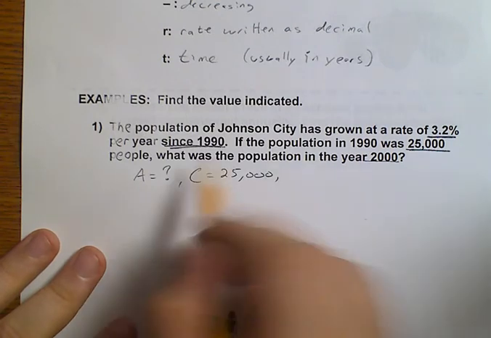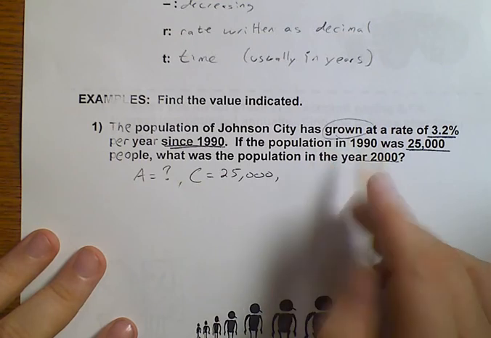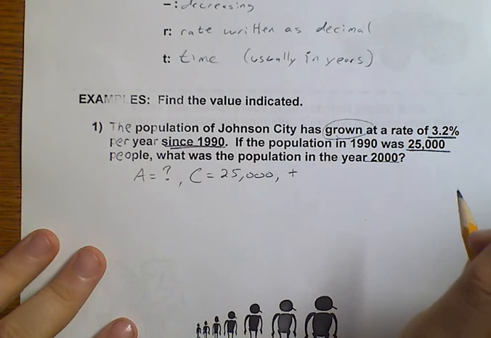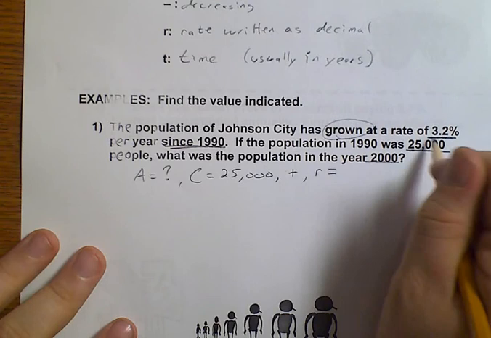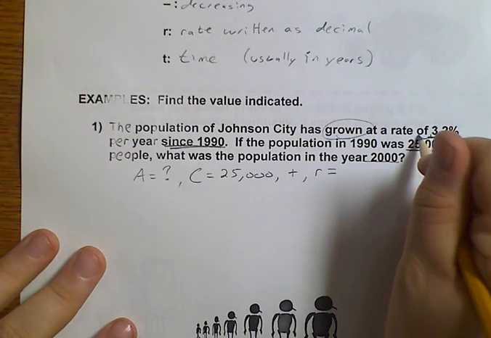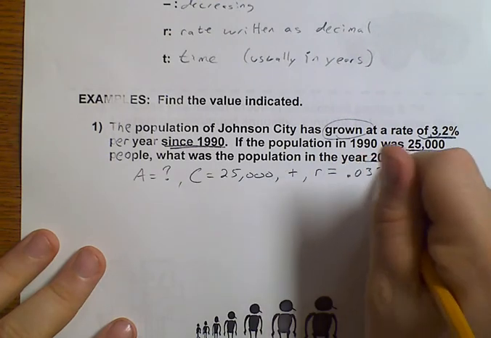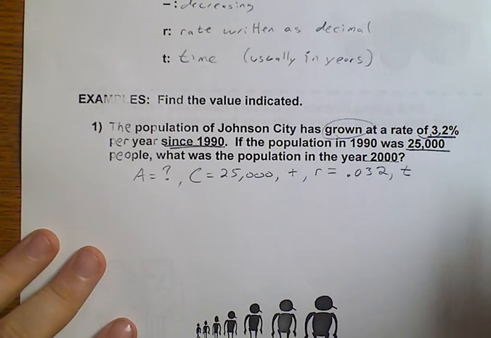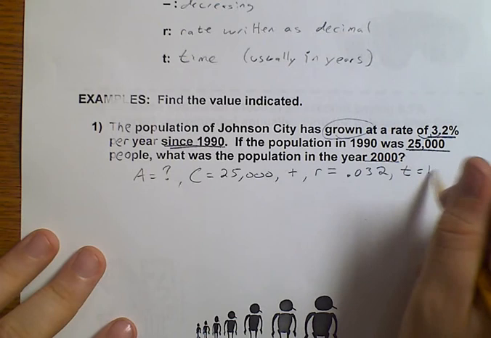We are growing, so that means we're going to be adding. Our rate is 3.2%. I need to move my decimal place over twice, so it becomes 0.032. And my time is from 1990 to 2000, which is 10 years.